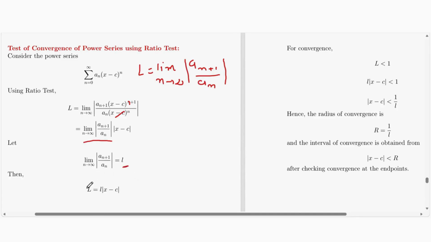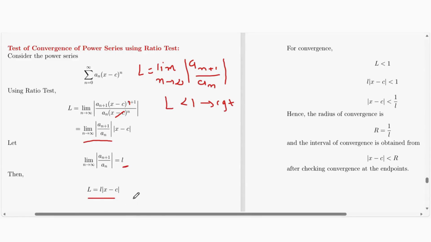Now what is the condition for the ratio test? If L is less than 1, then the series is convergent. So what is my capital L?